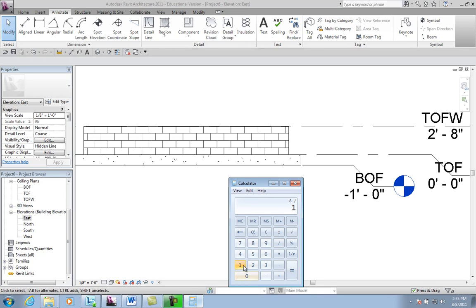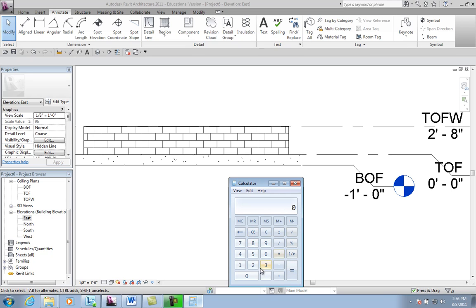You take 8 divided by 12, and you get 0.666. We're just going to say 0.67, we'll round it up. So you have 2.67 times 20 foot, which was the length of this.